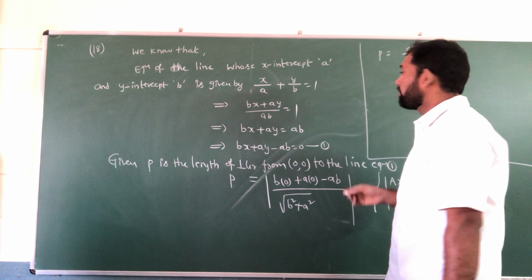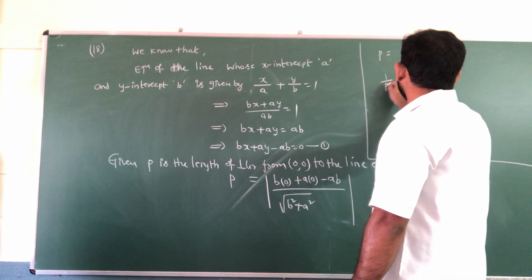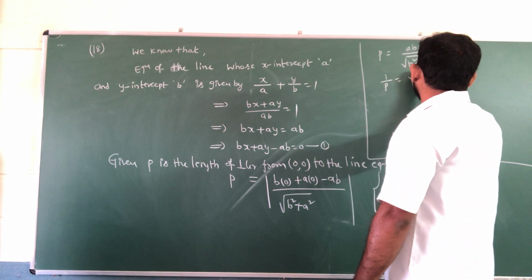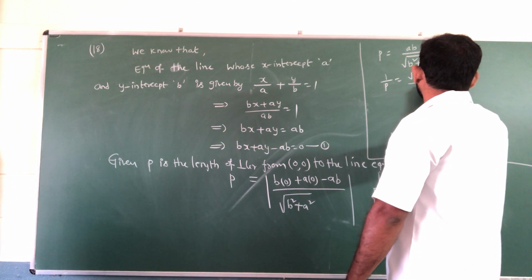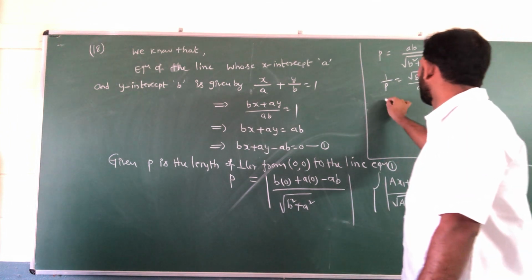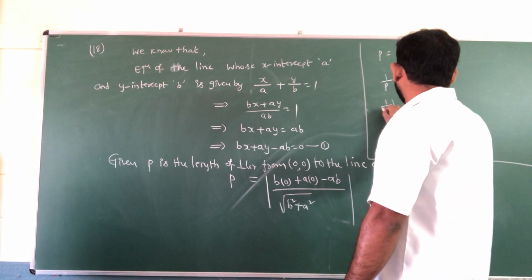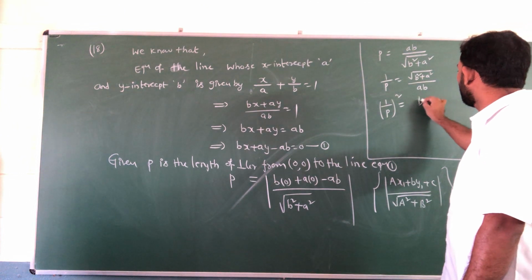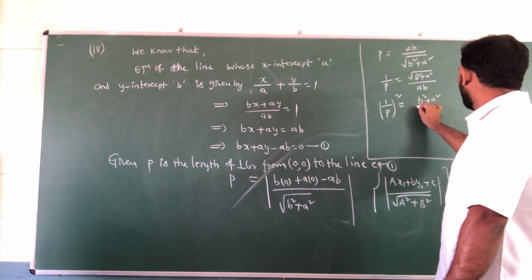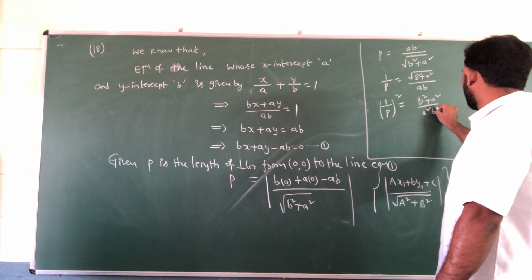Now reverse it: 1 by P is equal to root over B square plus A square divided by AB. Now squaring on both sides: 1 by P whole square equals B square plus A square divided by A square B square.